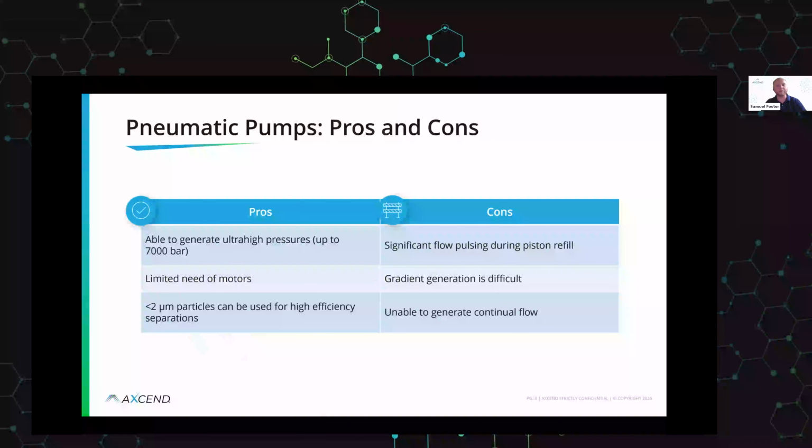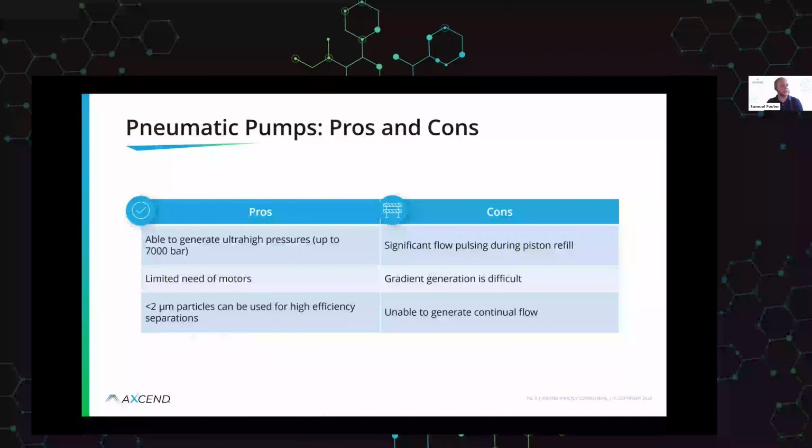You don't have to worry about a motor burning out or a gear coming loose or a drivetrain snapping. Because of that, you can view them as a little bit less maintenance prone. It's not always the case, but you have a reduction in the number of parts that can break. Finally, they're great when using these extremely high efficiency separations because of their ability to do pressure. And so that's really where they've seen a ton of use.